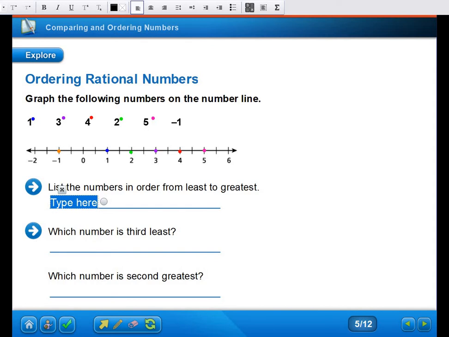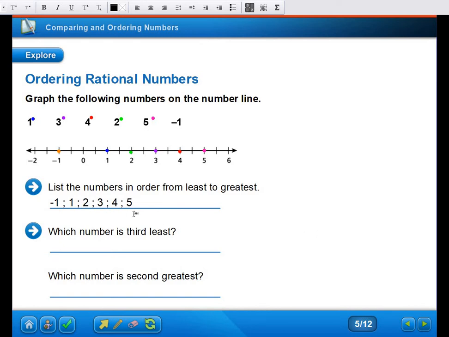If I do it based on the number line, I can just read from left to right and write my numbers. So -1 would be the smallest, and 1 would be the next, and then 2, and then 3, and then 4, and then 5.